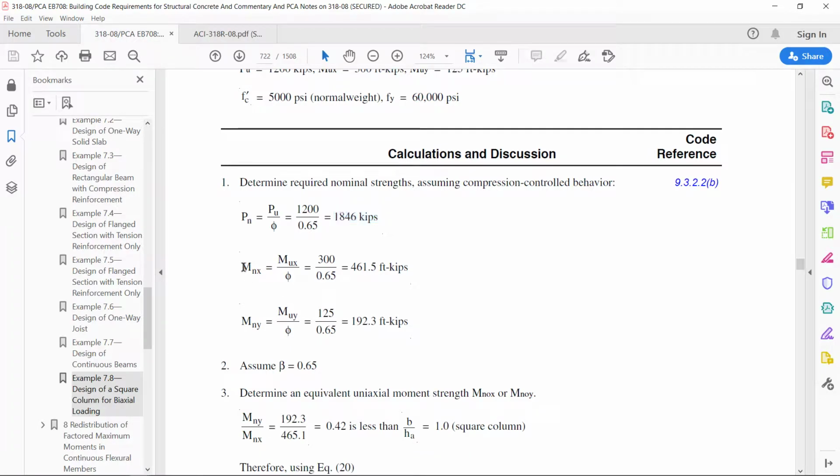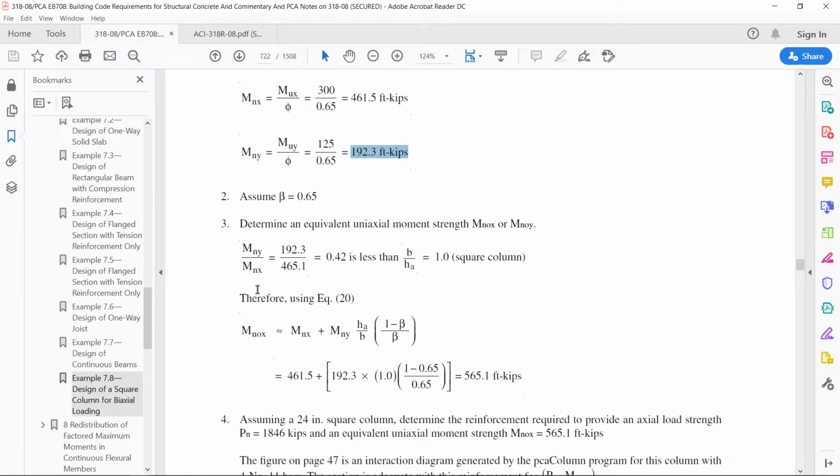Similarly, the nominal moment in x direction is the ultimate moment in x direction divided by phi. This comes out to be 461.5 kip feet. And the nominal moment in y direction is 192.3 kip feet.